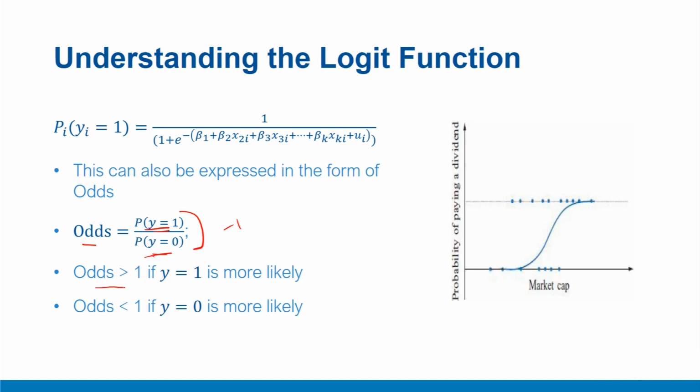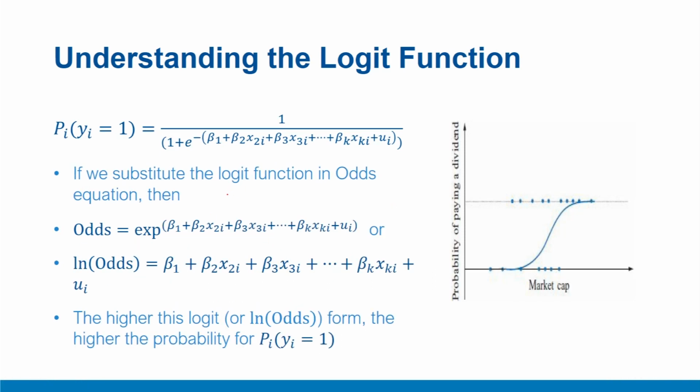If this odds ratio is greater than 1, then it's obvious that the y equal to 1 event, which is either default or payment of dividend, is more likely, while if the odds ratio is less than 1, the event coded as y equal to 0, either non-default or non-payment of dividend, is more likely. So this is how we define our odds ratio.